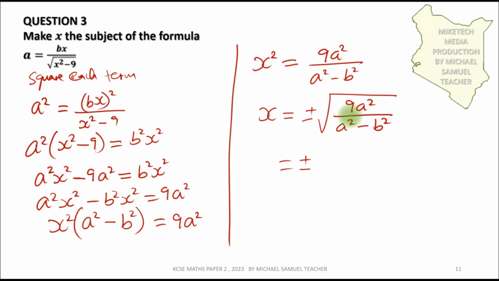So this will be square root of 9 is 3, square root of a squared is a, all over the square root of a squared minus b squared. Remember, this is a difference between two squares. And that is it.